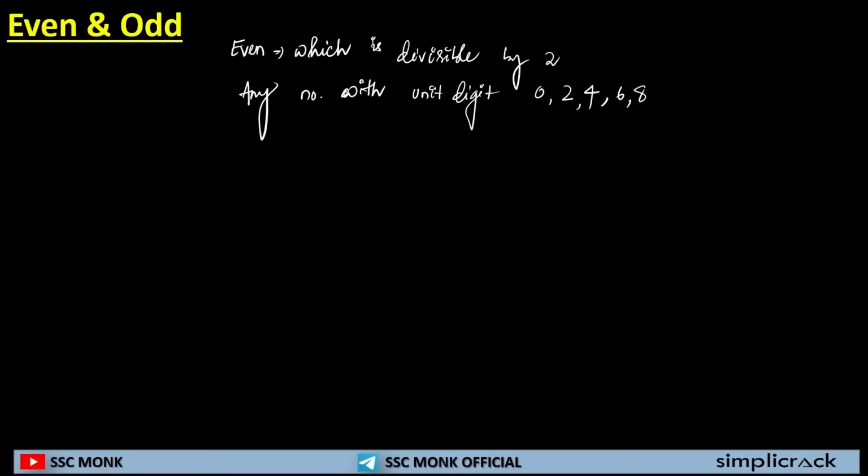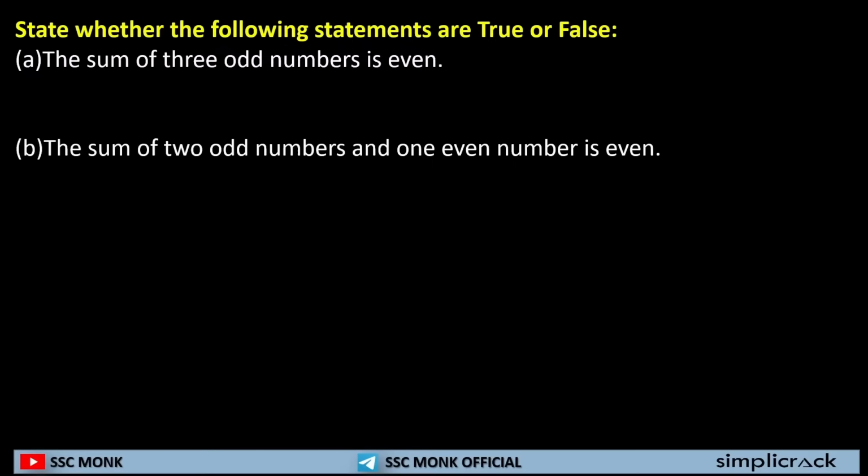Now, how will the questions come, or what are the properties that are most important? Let's understand this. Now see, this is a brain teaser for you. So what will happen in this whole particular SimpliMath batch? I will teach you the concepts. I will help you solve the questions. So when I teach you one concept, you will get one brain teaser like this, where we will test whatever you have learned.